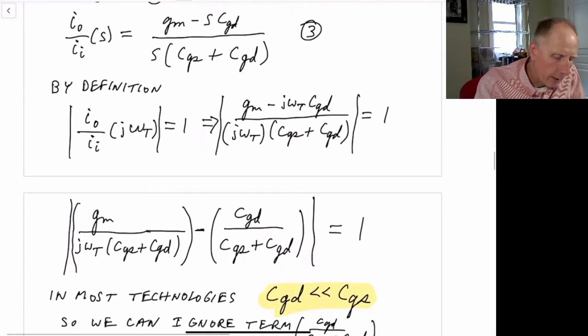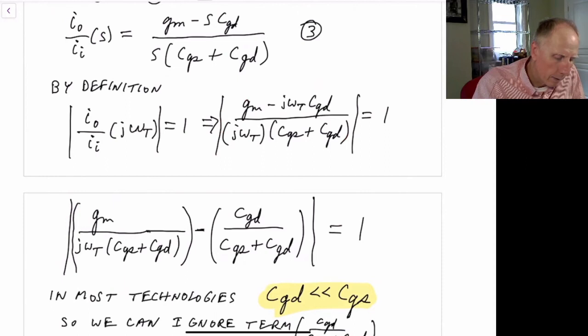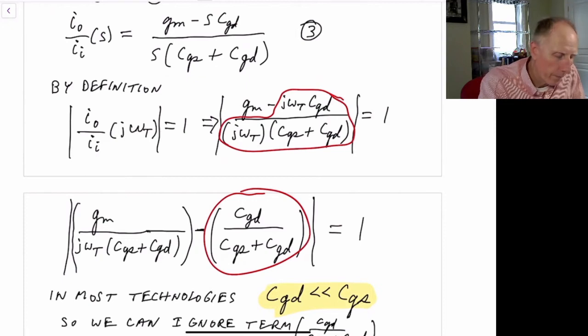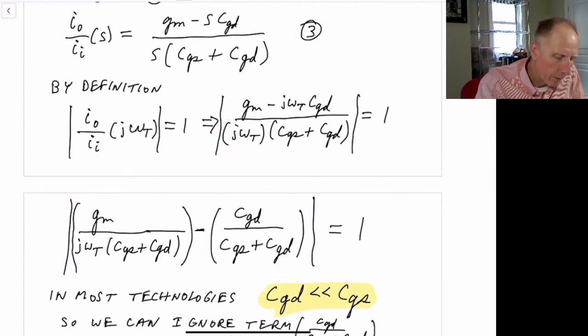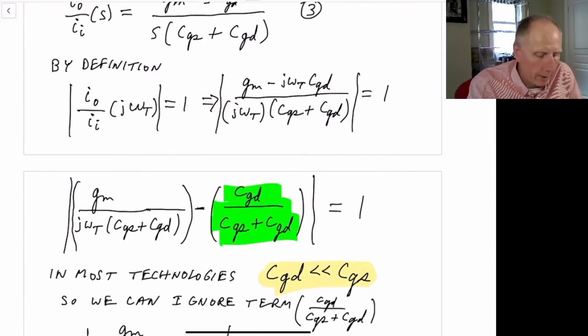We can split this up and write this as GM divided by this part of the equation, and then subtract this part over here. So we just break it up into two parts. What we see is this part here is CGD divided by CGS plus CGD.